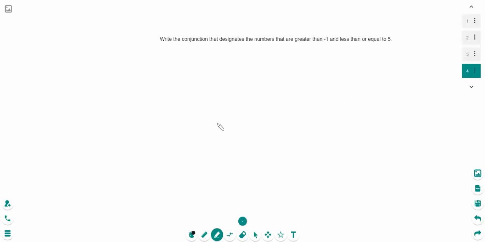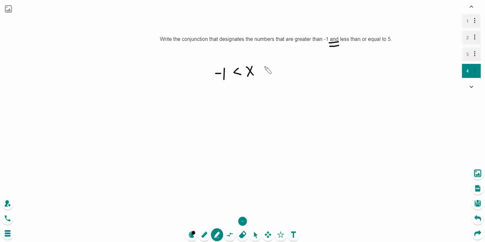All right, so we obviously have an x, and that would be the numbers that we're talking about here. And those numbers are greater than -1. So how would we write that? X is greater than -1. Remember, Al the alligator eats the bigger number, so he's eating the x because the x is greater than -1. All right, and we're also saying this conjunction statement here, and less than or equal to 5.